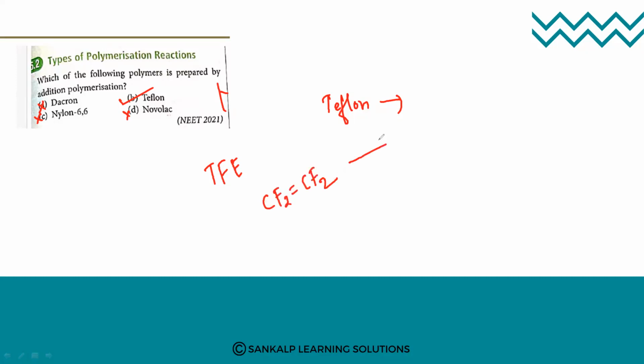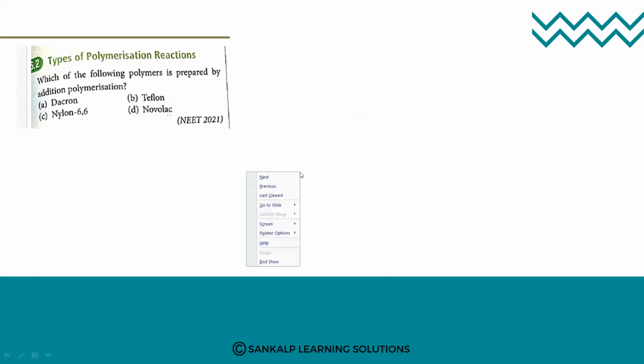This is used to produce the polymer, with n number of units. So option B undergoes addition polymerization. We'll go for the next question.